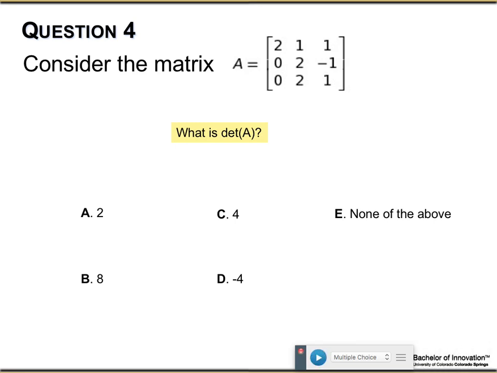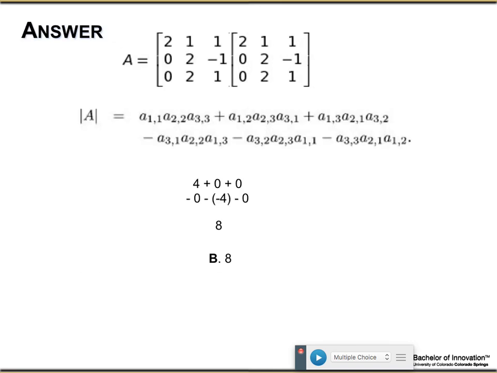Sorry. So most people got this. You're getting down determinants. The correct answer was B, 8. So there's the formula in the book for a 3 by 3, or if you use my approach, you just go cross, you get 4 minus 4, and then everything else turns out to be 0, but either way, you get 8.